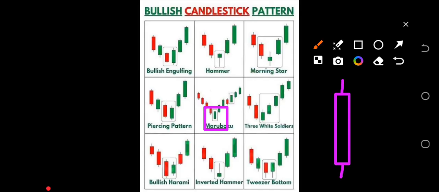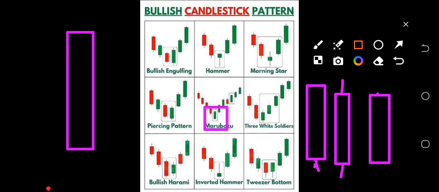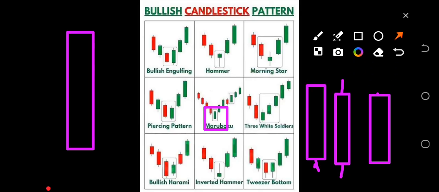But in some cases, you may see a Marubozu appearing with a very tiny wick above, or a small tiny wick below. It can also be referred to as a Marubozu candlestick, but a perfect Marubozu is without upper or lower shadow. So that is what we refer to as a Marubozu candlestick.